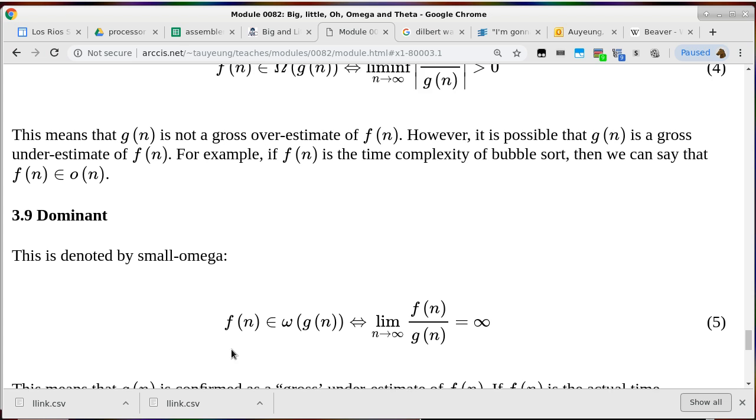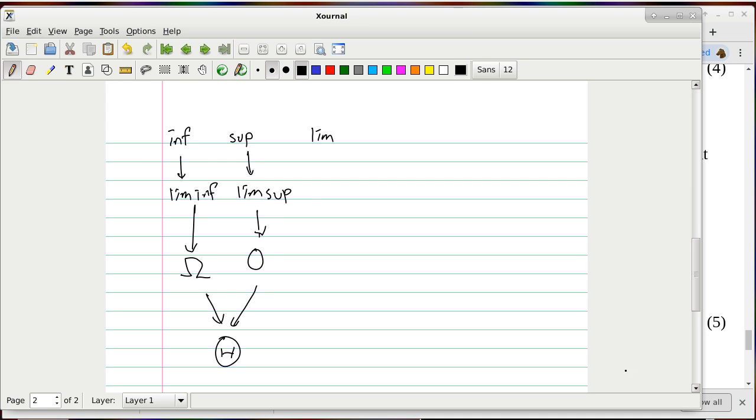So little o and little omega are based on limit. Limit leads to small o, and it also leads to lowercase omega. Are there any questions about these concepts?